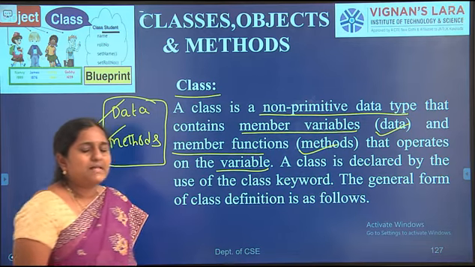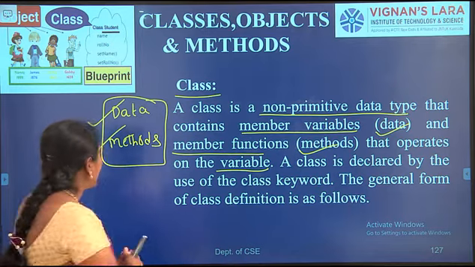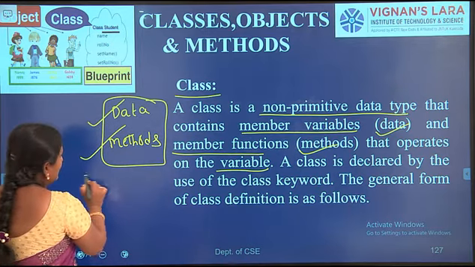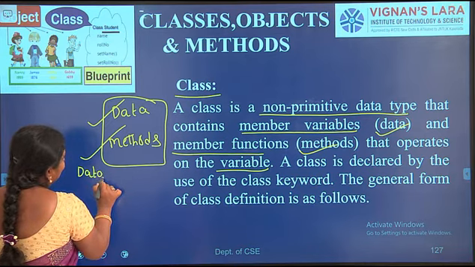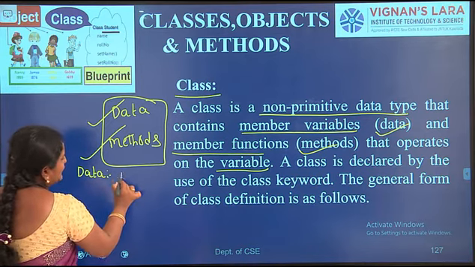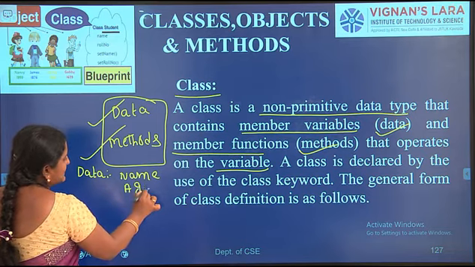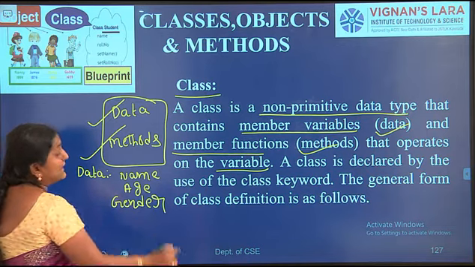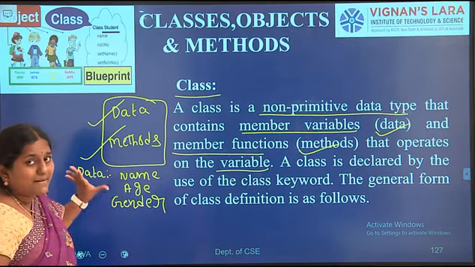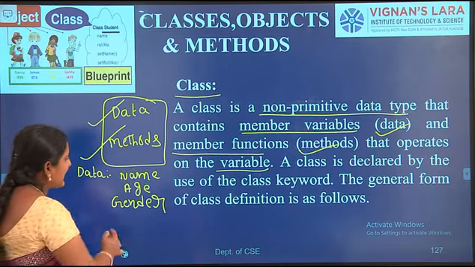For example, I can take one class. Here I am taking person as the class. In this person class, what is the data of person class? Person name, person age, person gender. These all are data or variables of the person class. What are the methods, the functions of the person class?